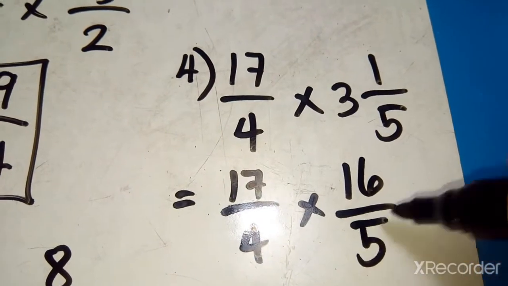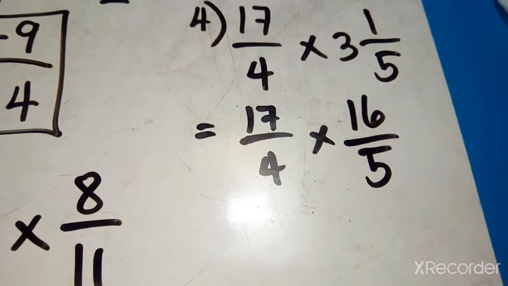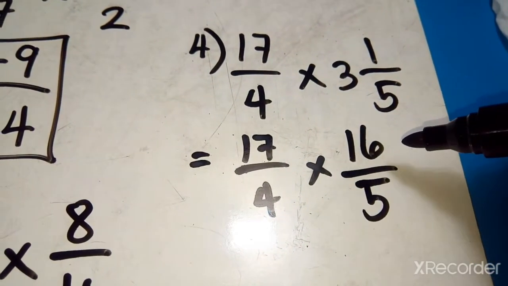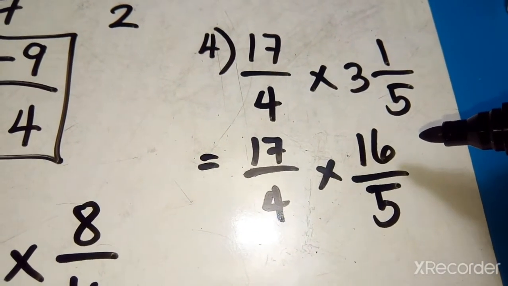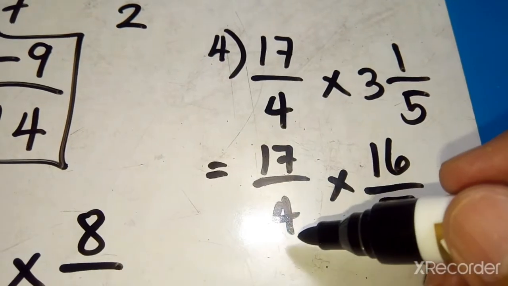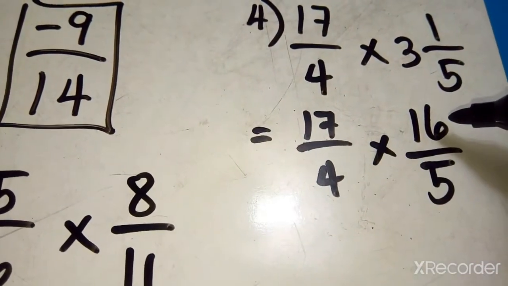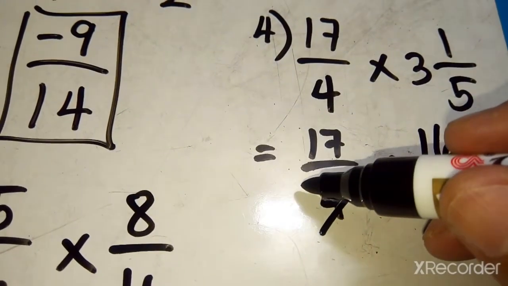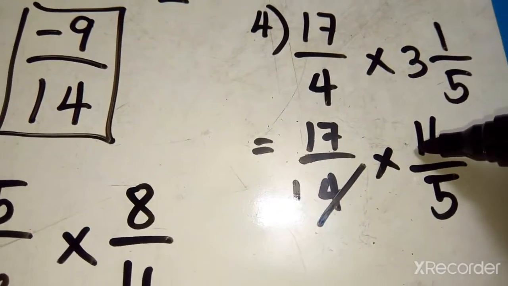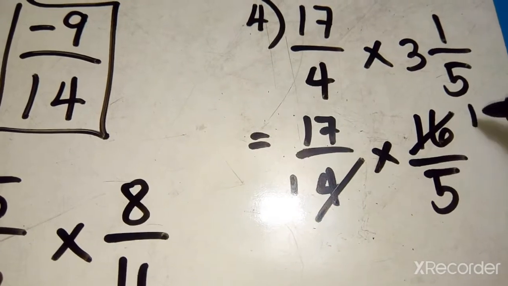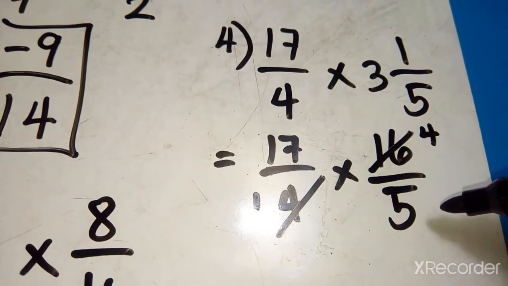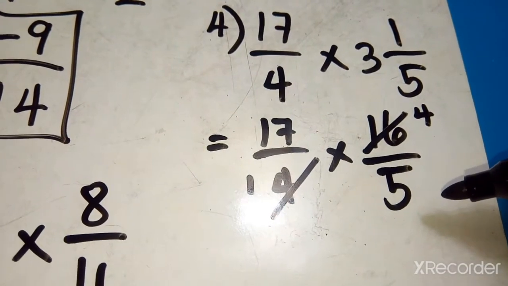over 5. Okay, so 4 and 16 can have a common factor, and that's 4. So this one is 4 times 1, and this one is 4 times 4. So the remaining factor here is 1, and 16 will be 4. Okay, so 17 and 5 are already prime numbers.